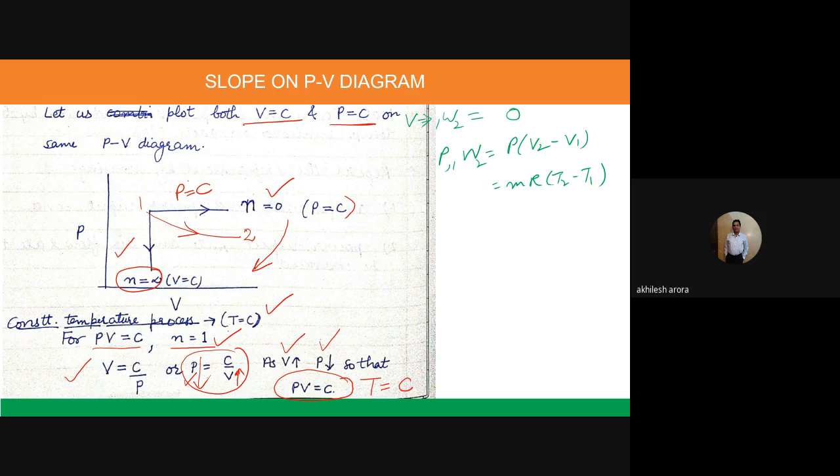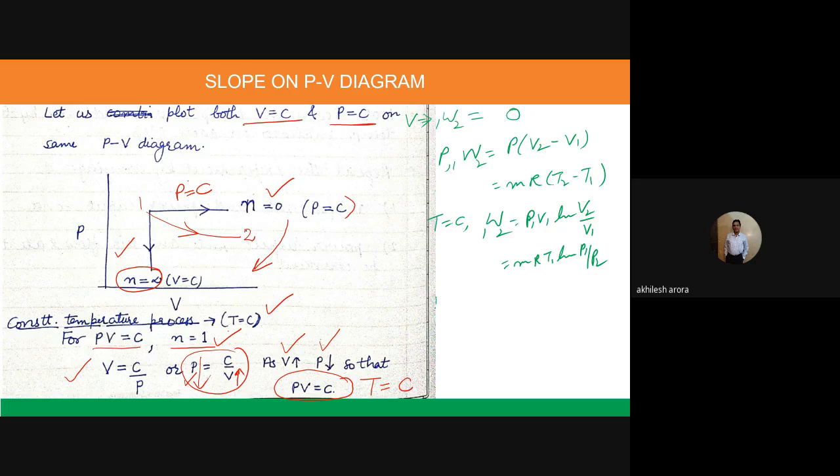If it is a constant temperature process, then the value of W is equal to P1 V1 log natural V2 by V1, which is also equal to MRT1 log natural P1 by P2. You can write it in 8 ways actually.